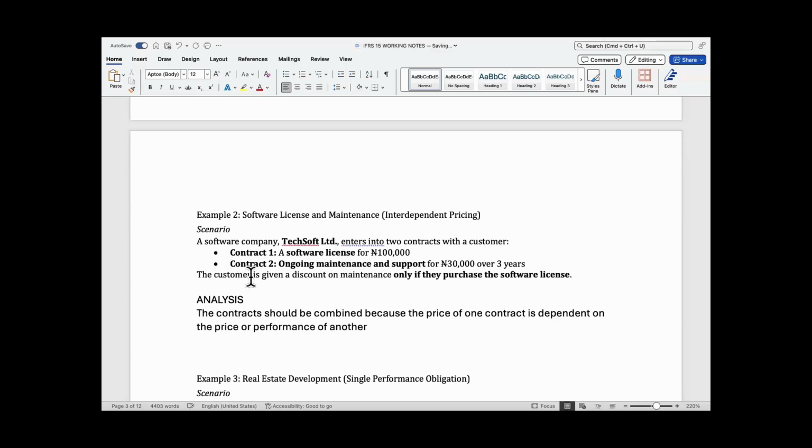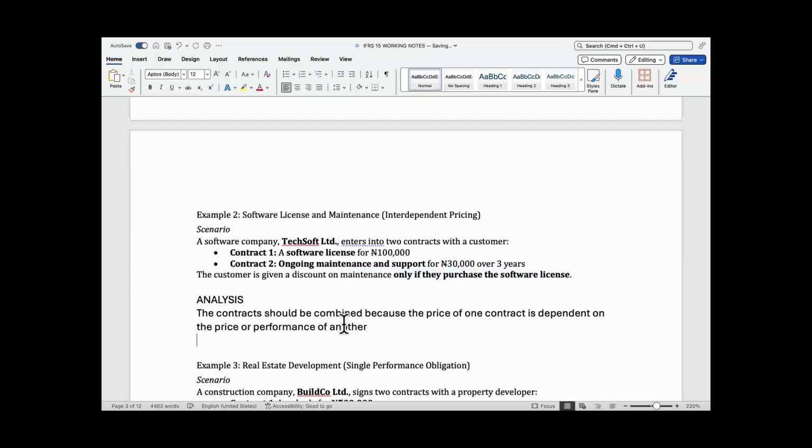Because they say that the customer is given a discount on maintenance only if they purchase the software license. So they have interdependent pricing. So you can combine them for that reason.